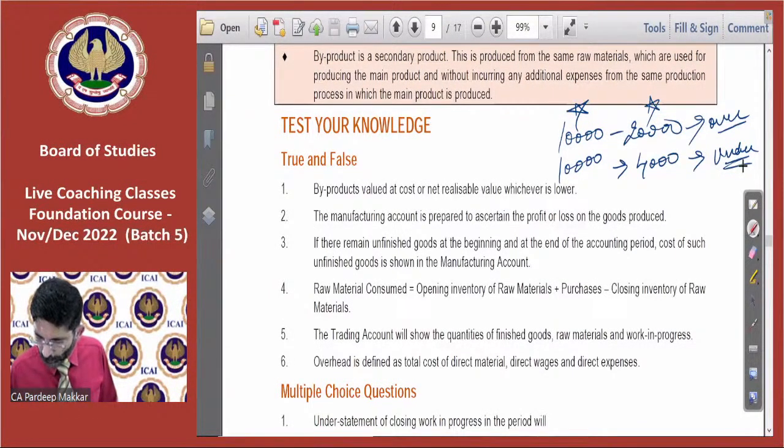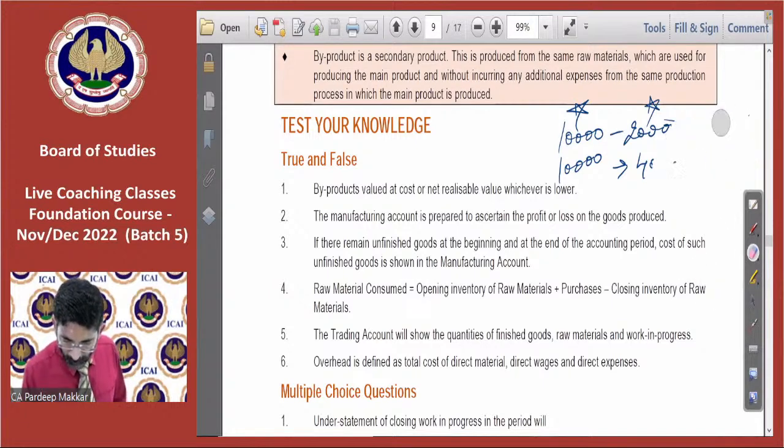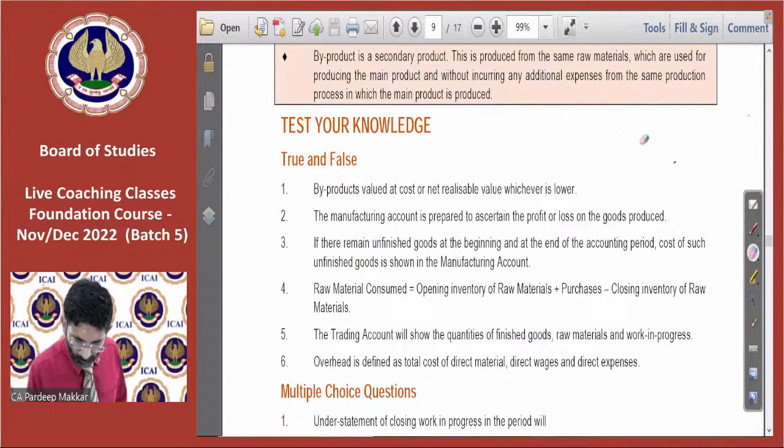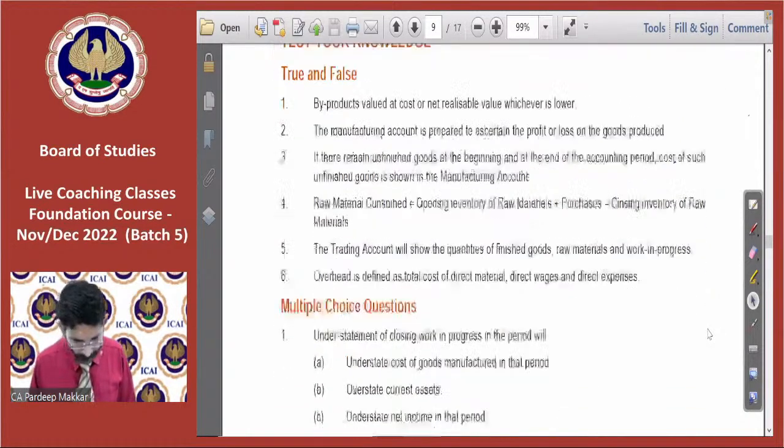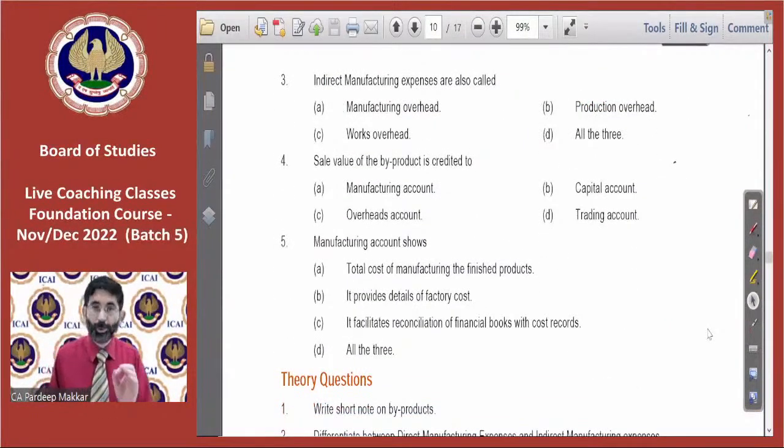MCQ question number 5. मैन्युफैक्चरिंग अकाउंट क्या शो करता है?